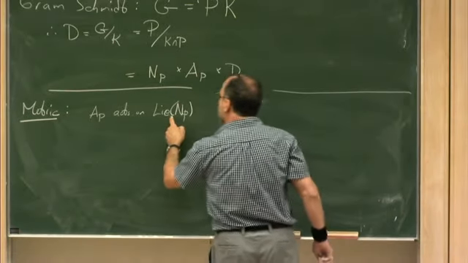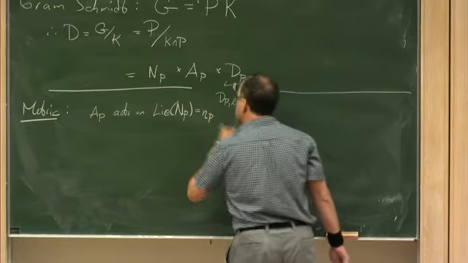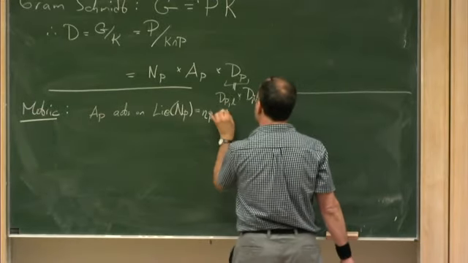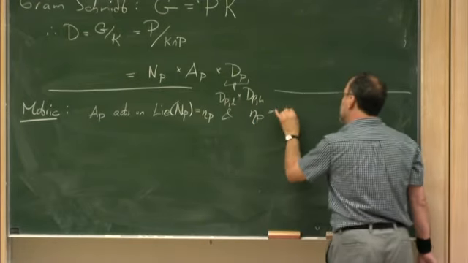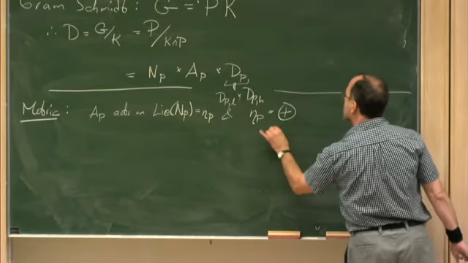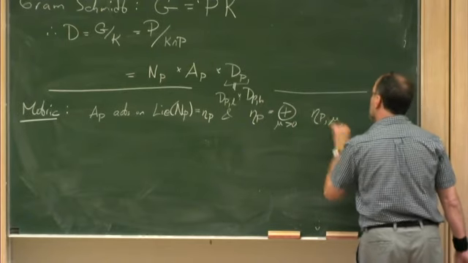So you can act by conjugation, the adjoint action. Let me write that Lie algebra script NP. I can decompose that Lie algebra in terms of the corresponding weights that this torus has on that Lie algebra. So I can write this as a sum over mu greater than 0 of NP mu.